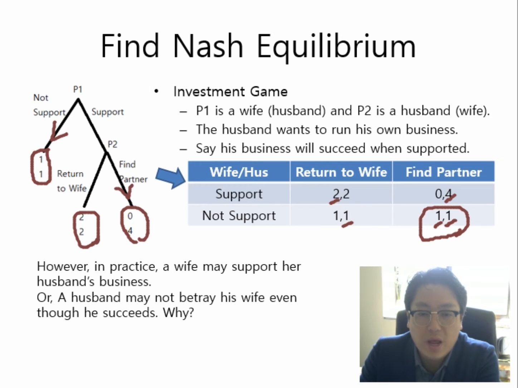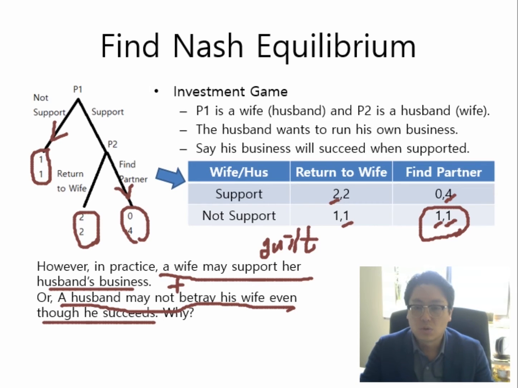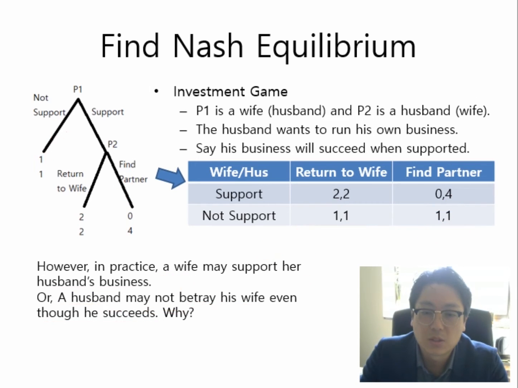Again, however, in practice, a wife may support her husband's business and her husband may not betray her because of guilt, or her husband may not betray his wife even though he succeeds. In order to analyze that kind of situation, we need to go beyond what we have been doing based on selfishness and rationality.